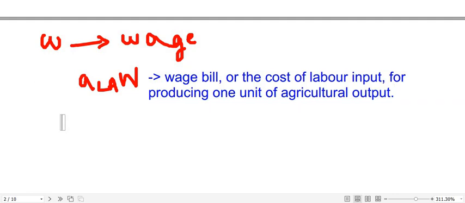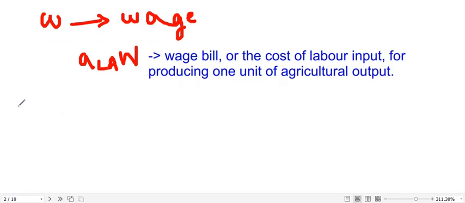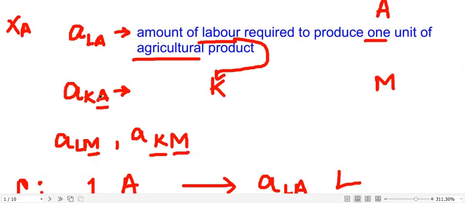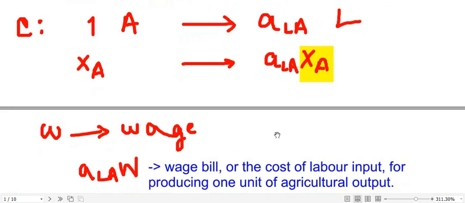Similarly, I can also have the cost of capital. So if I assume that R is the cost of capital, which is actually the interest rate, that is what is considered as the cost of capital. And I had explained that aK is the amount of capital required to produce 1 unit of agricultural product.